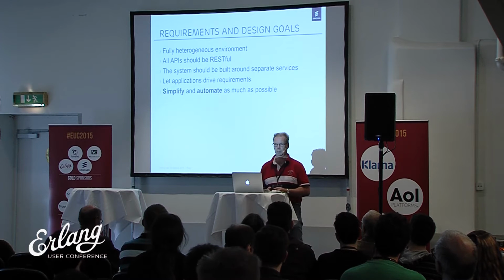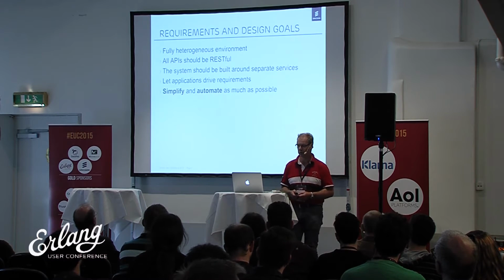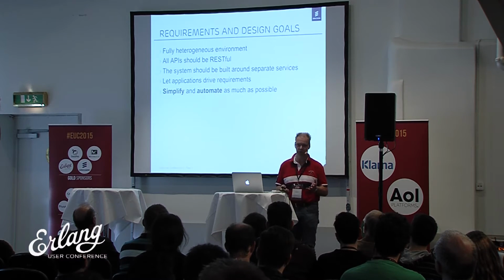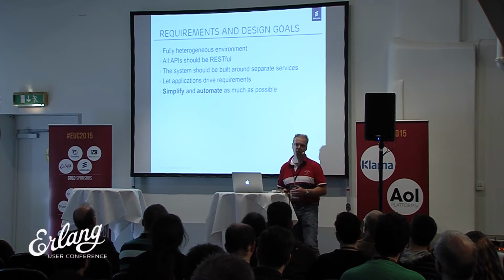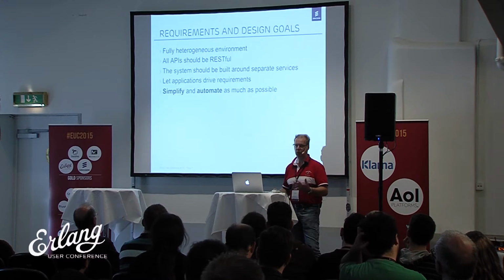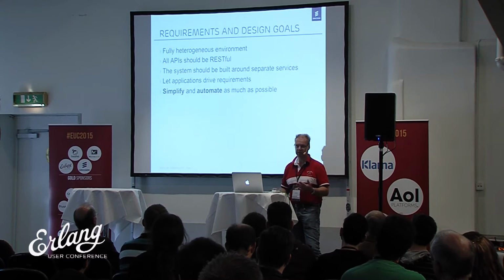And let application domains drive the requirements on top of this cloud platform. Our lead words here were to simplify as much as possible the management and orchestration of clouds, and at the same time automate as much as possible. Make it easy for the tenants to use this.